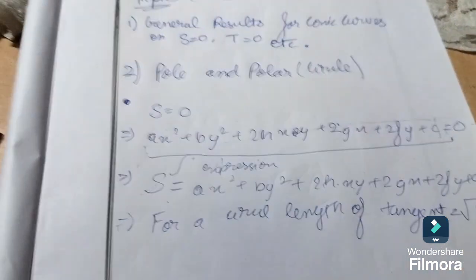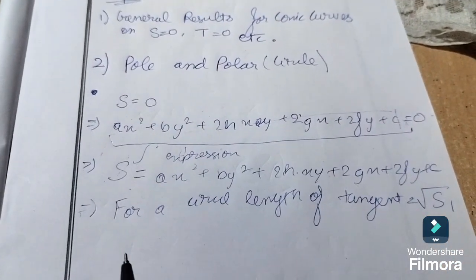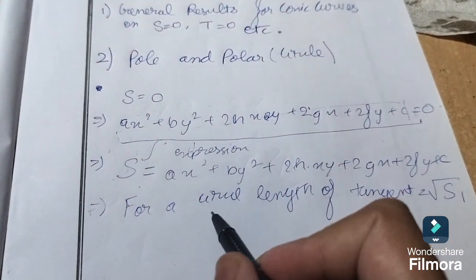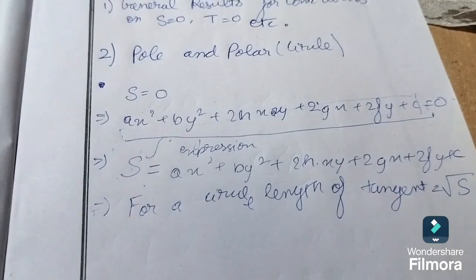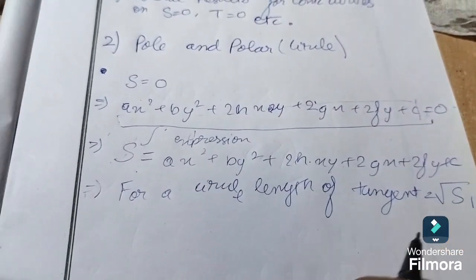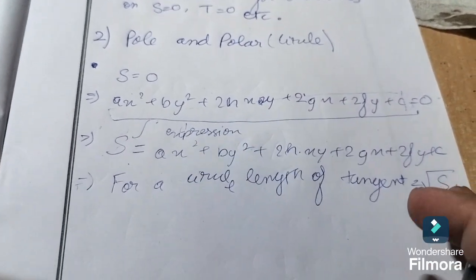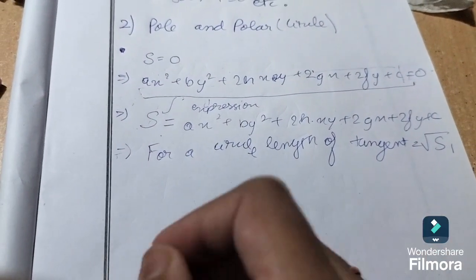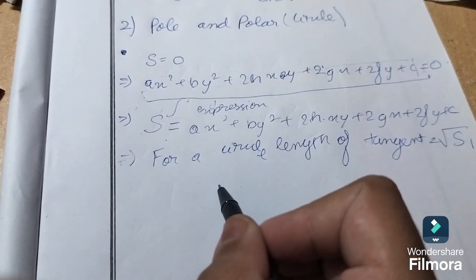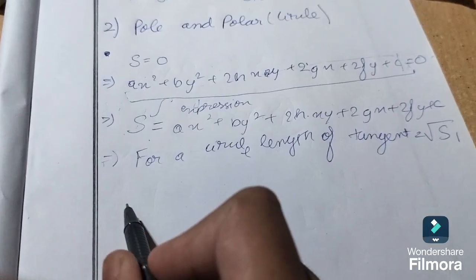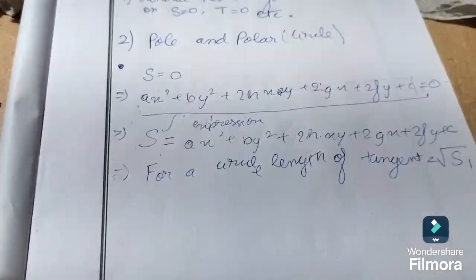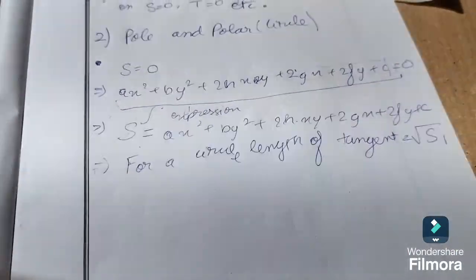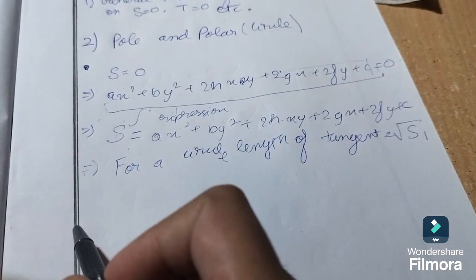So for a circle, the length of tangent is equal to root S1. The proof I am not giving, but the proof obviously exists. How to prove it is very simple actually. We will not go into that, but in some other video maybe I can discuss it.